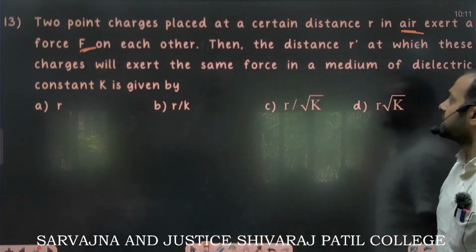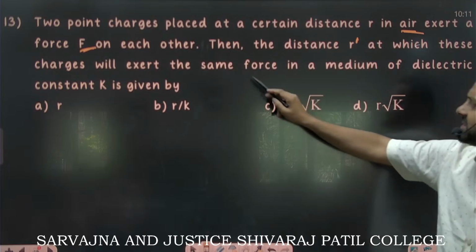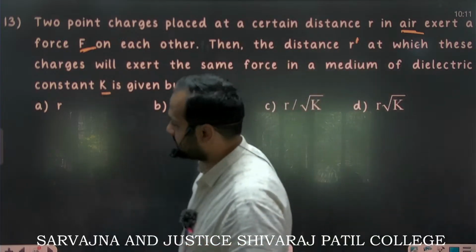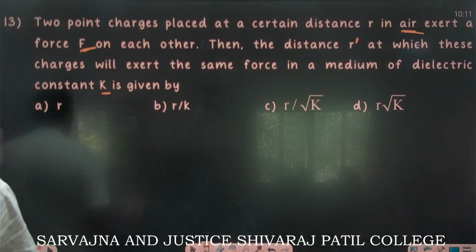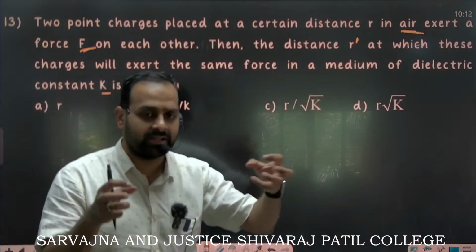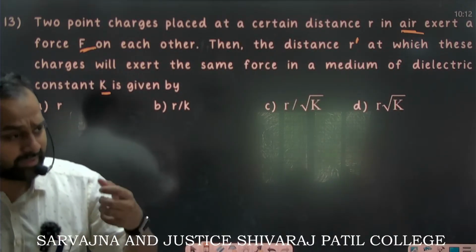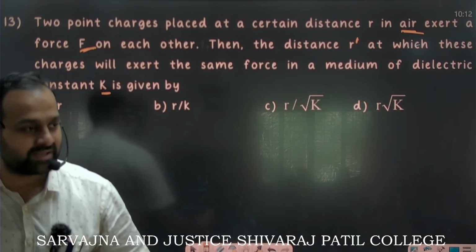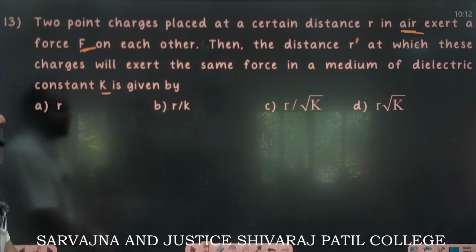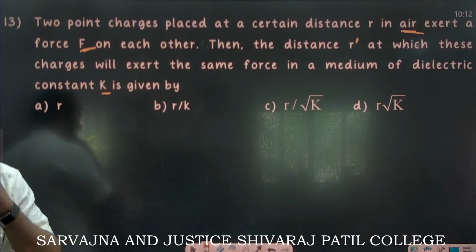Then the distance r dash at which these charges will exert the same force in a medium of dielectric constant K is given by. What is the question asking? There are two point charges in air placed at some distance, let's say 10 cm. The force is 10 Newton. Where should the same two charges be placed in the medium so that the force still remains the same, 10 Newton? If it is 10 Newton in air, it should be 10 Newton in the medium too. How far apart should they be kept in the medium?